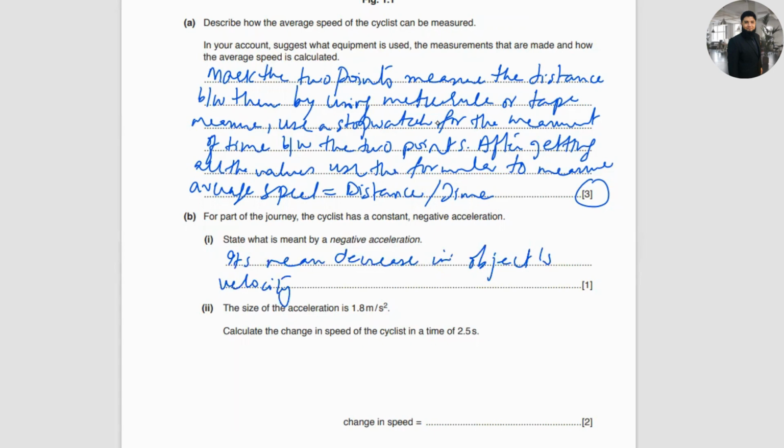Calculate the change in the speed of the cyclist in a time of 2.5 seconds. So we all know the formula for acceleration is v over t. So acceleration you have is 1.8, you have to find the velocity, the change in speed, and the time you have is 2.5. So when 2.5 is multiplied by 1.8, it becomes 4.5 meter per second.